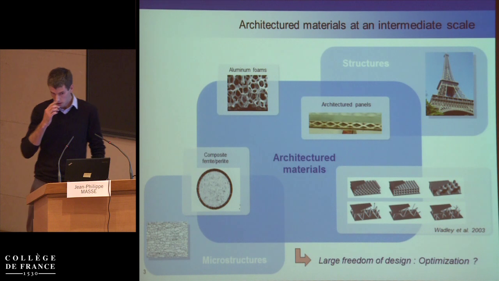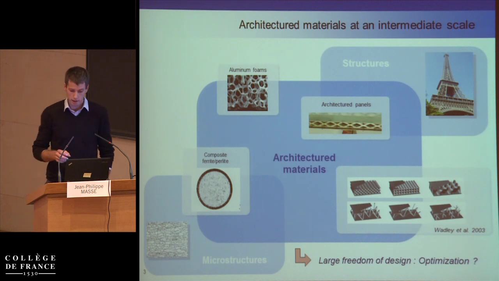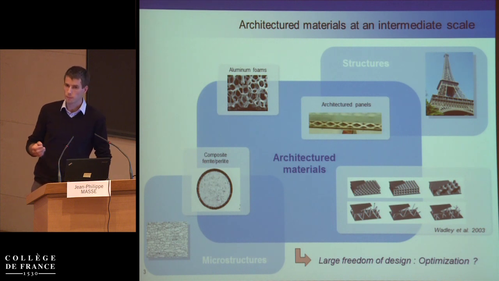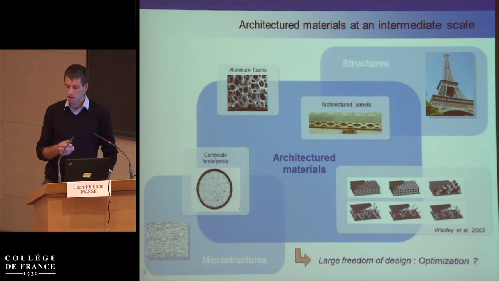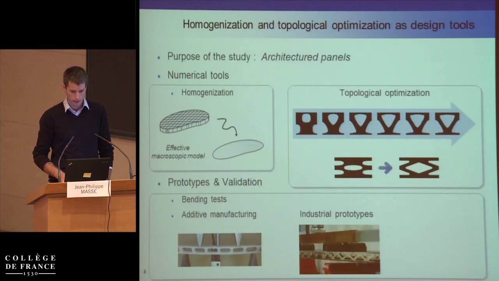Working with architecture and design of such materials, the problem is we have large degrees of freedom to design how to distribute the matter, and our question was how to use optimization techniques and methods in order to help to design such materials.